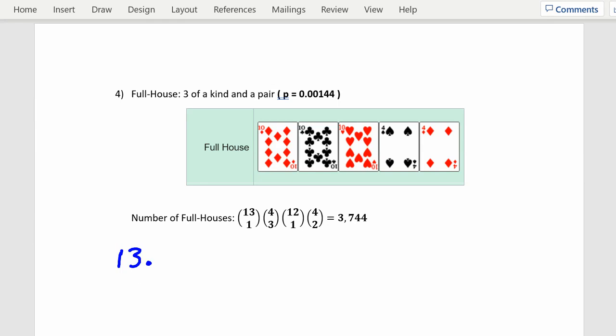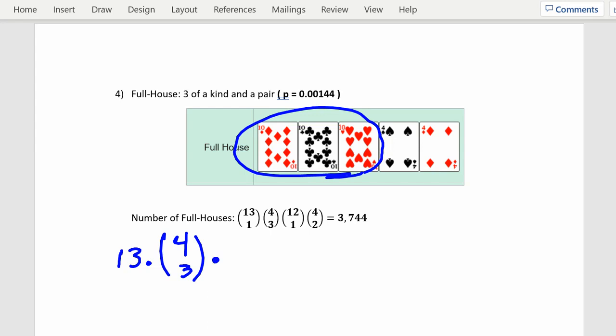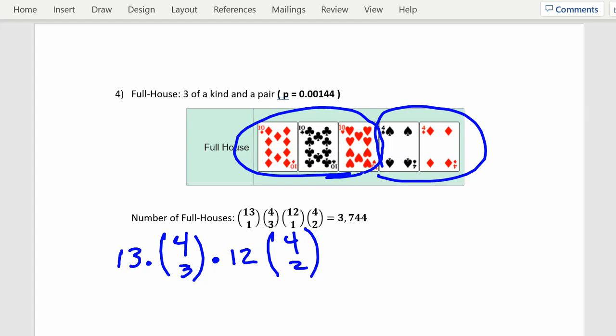Now, for any 3 denominations or values we choose, because there are 4 suits, there are 4 choose 3 ways that I can choose just the 3 cards. Okay, and then I have 12 remaining denominations to choose the pair from. So it's going to be 12 remaining denominations, and because again there are 4 suits, 4 choose 2 is how many ways I can choose my pair.